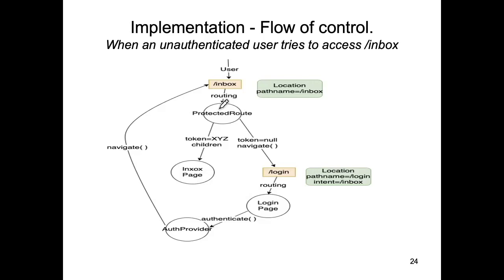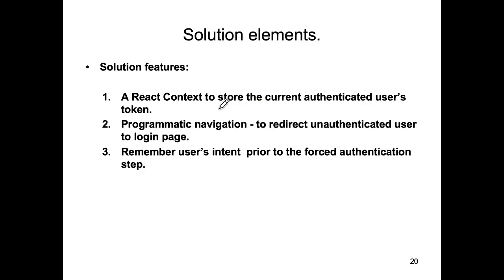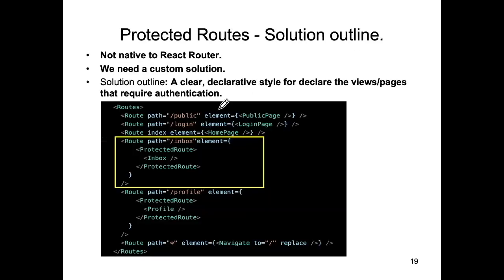Now, if I go back, what I mean by that is, if the user tries to access the inbox, this component steps in and deals with the user's request before this happens. Okay, so it kind of intercepts.